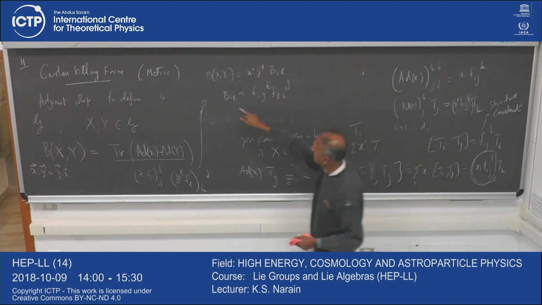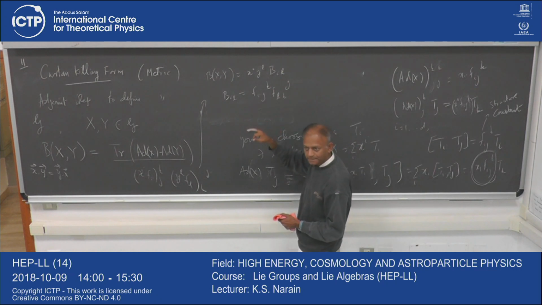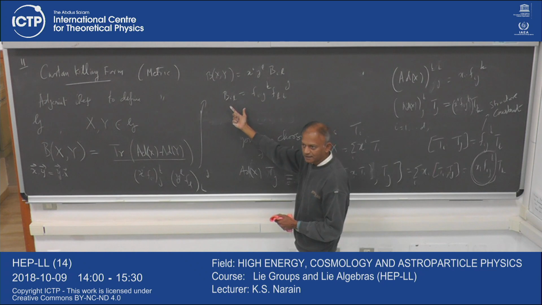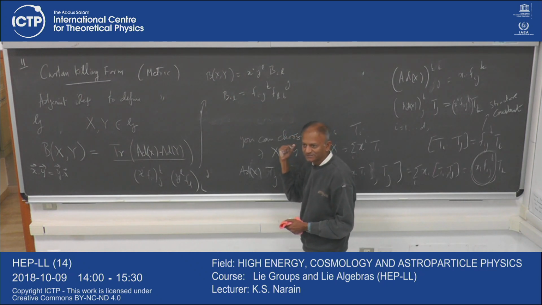The free indices are i and l, and these are all summed over, k and j. So purely from the structure constants, you see that this is the metric in this basis.